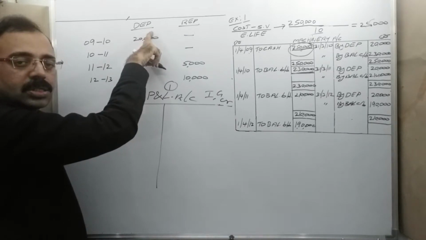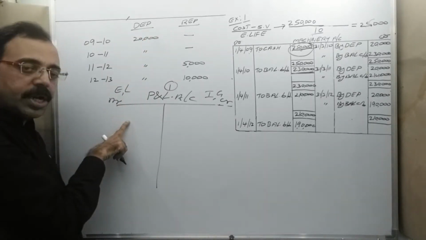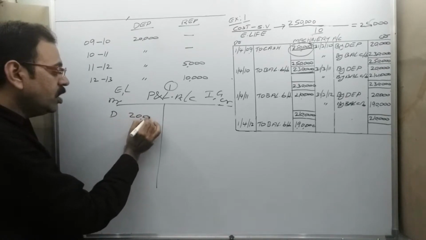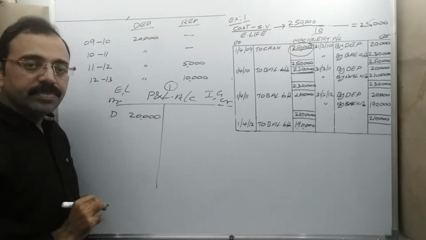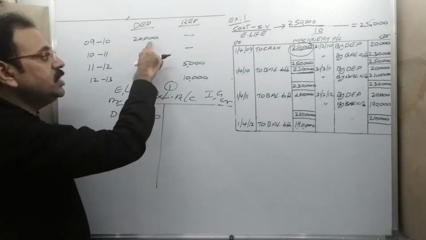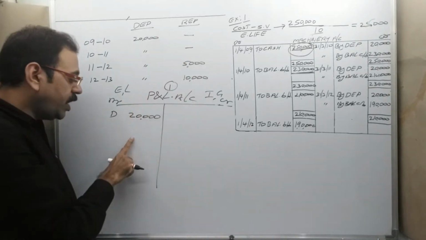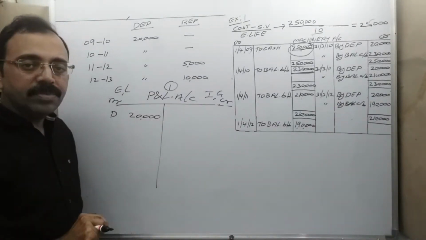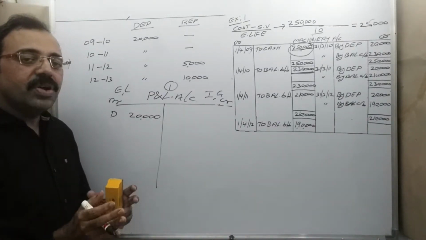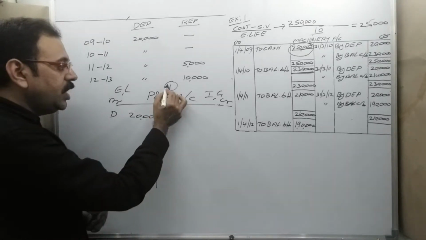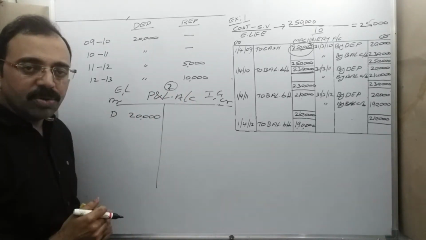Depreciation is a loss. Losses are to be debited now. So debit side depreciation amount 20,000. We record. And in first year repair expenditure is nil. So towards repair expenditure nothing is recorded. Okay. First year how much we are debited to P&L account? 20,000 rupees. In second year also same now, 20,000 rupees.